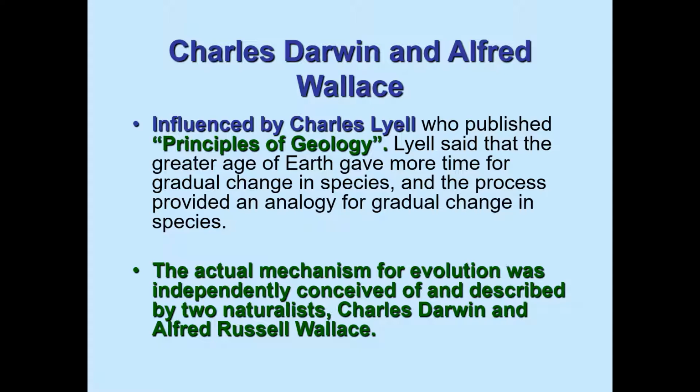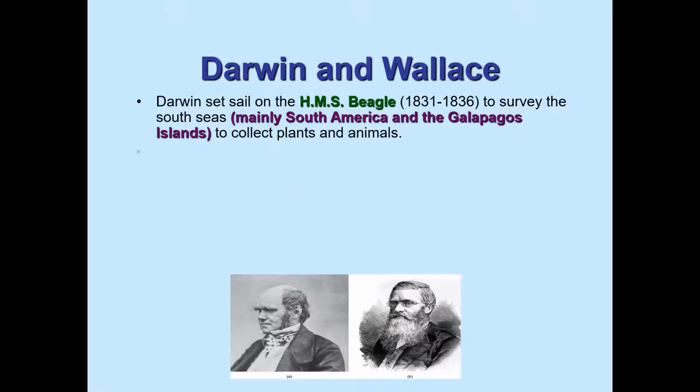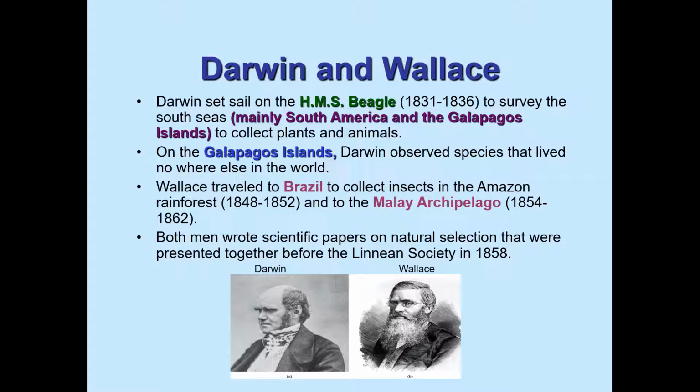Now, the two big evolutionists that really got things moving in evolutionary science were Charles Darwin and Alfred Russel Wallace. And what they did was they went on trips separately, and they were naturalists and field scientists, and they collected lots and lots of plant and animal samples.